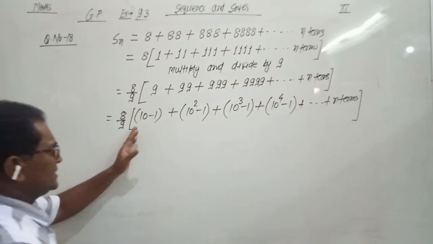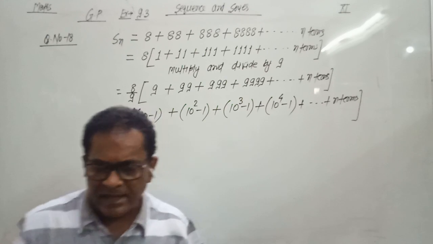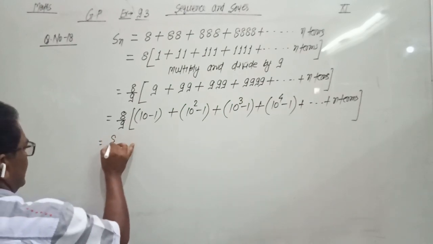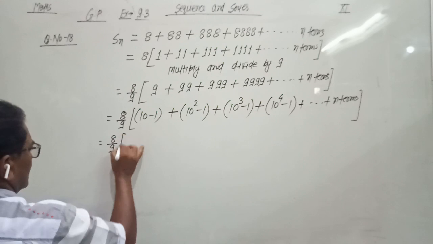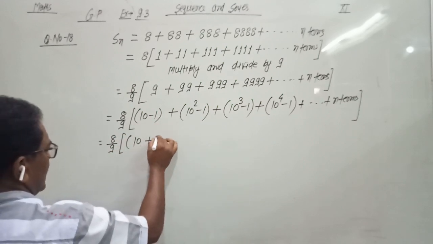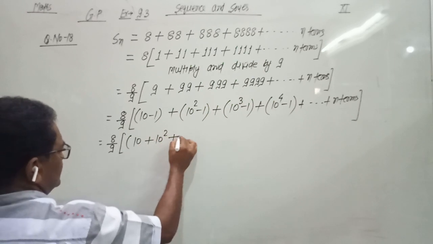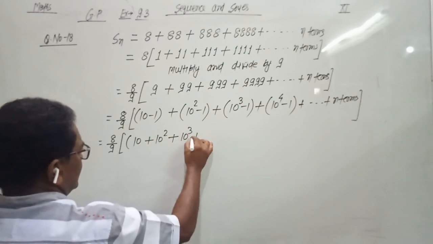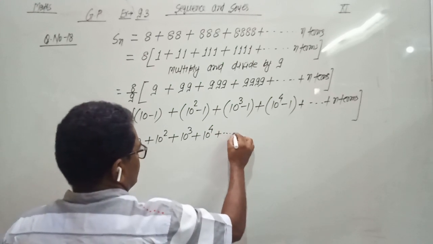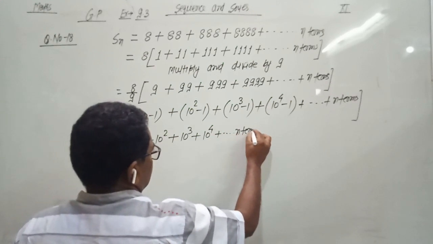Now we separate the terms containing 10 and the terms containing 1. We separate these two terms. So 8 by 9 times 10 plus 10 square plus 10 cube plus 10 raised to the power 4 plus dash dash up to n terms.